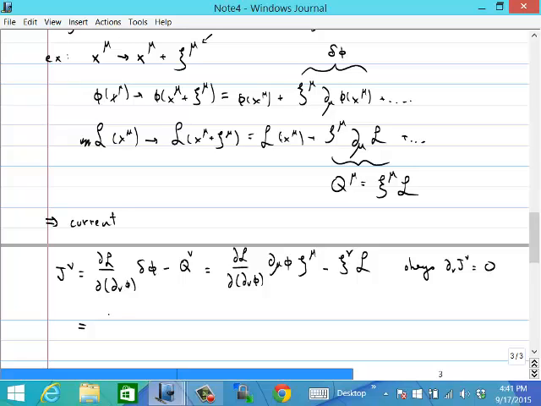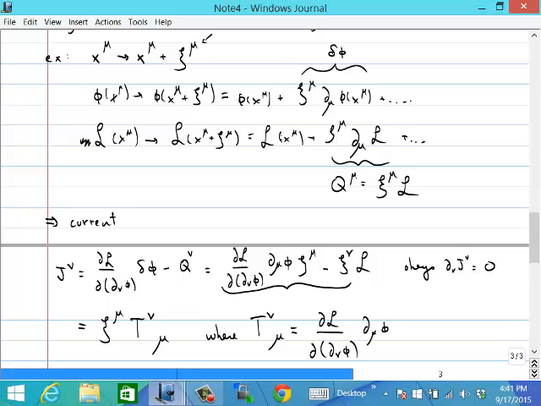So I'm first going to note that this quantity that I derived over here is linear in zeta. So I'm going to write that as zeta mu times T nu mu, where T nu mu is just the same thing that I wrote down above: d mu phi, d mu phi.